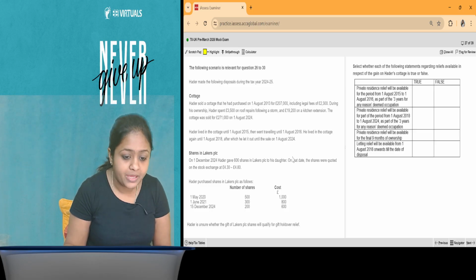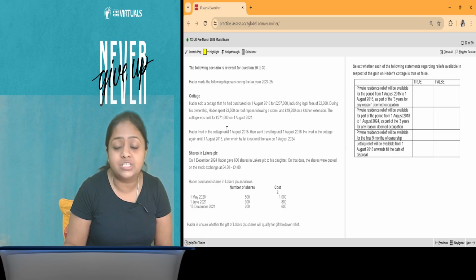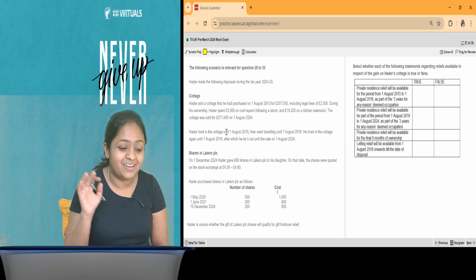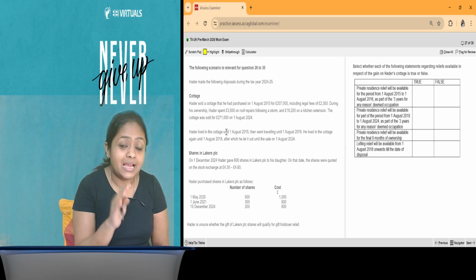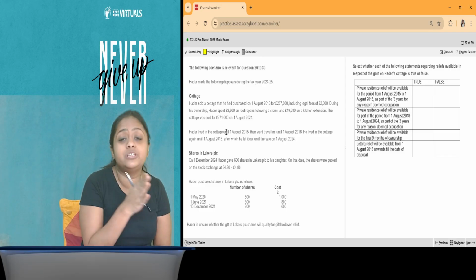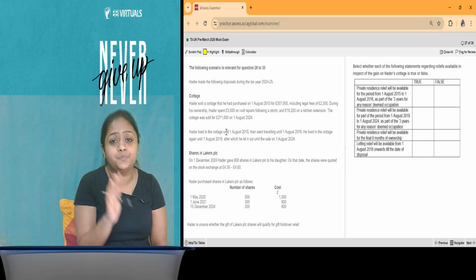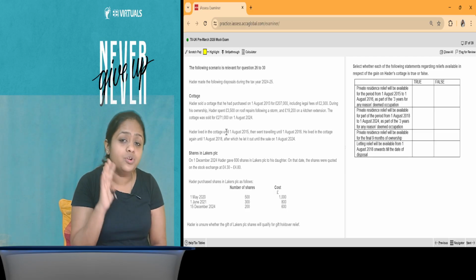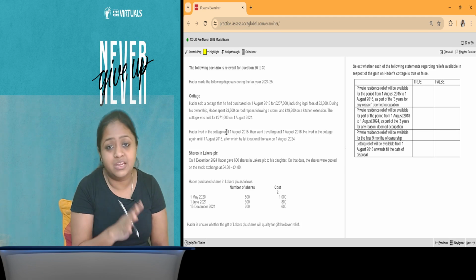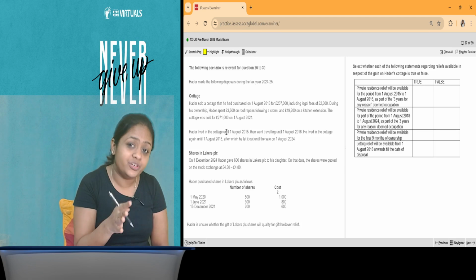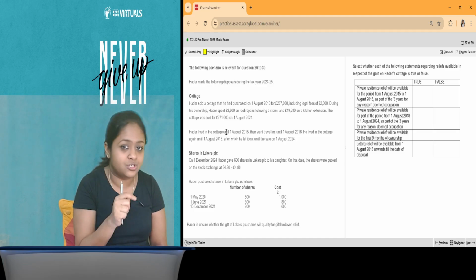Let's check here. From August 15 to August 16, Heather lived in the cottage until 1st August 15. Guys, when it is given that he lived in the cottage before it, that means before this period there has been actual occupation. In order to have any other reason relief for 3 years, you need, after that particular period also, actual occupation.